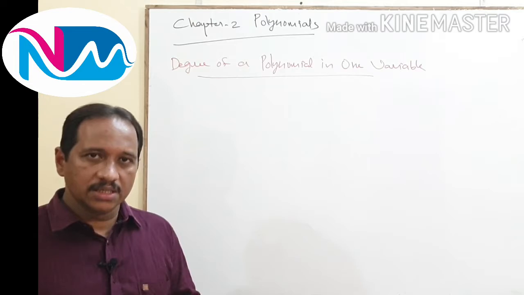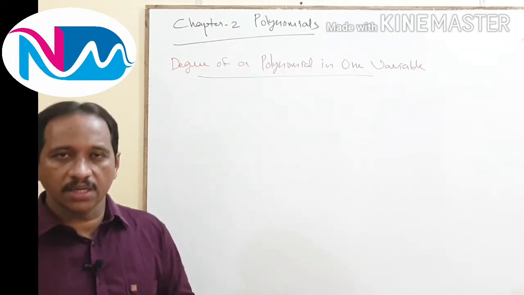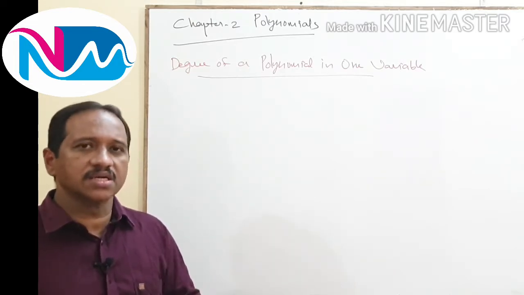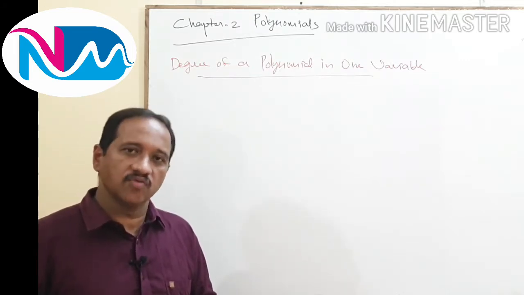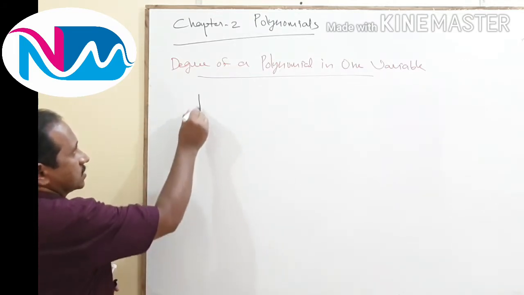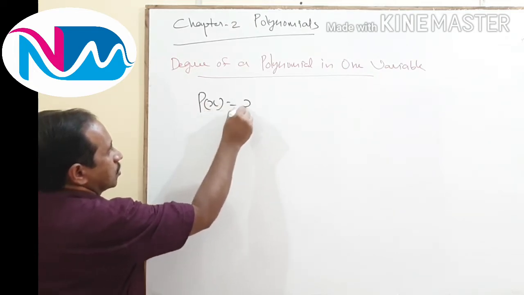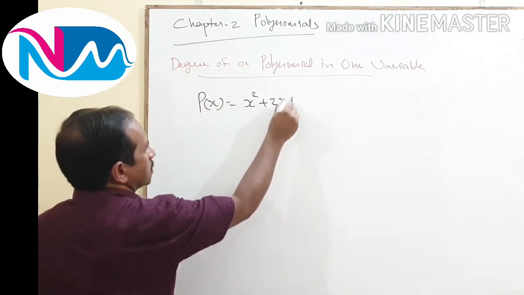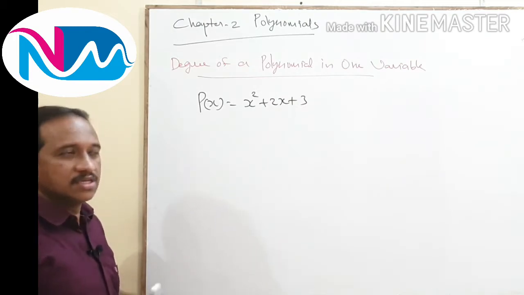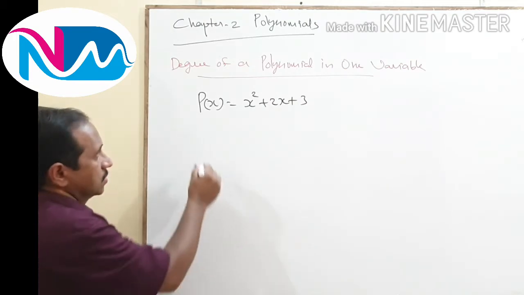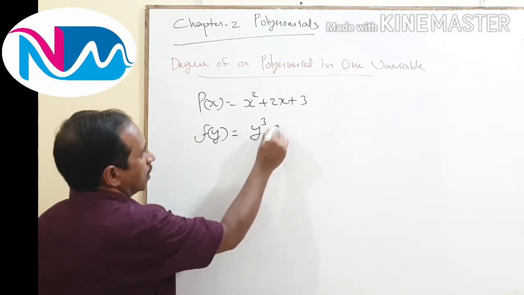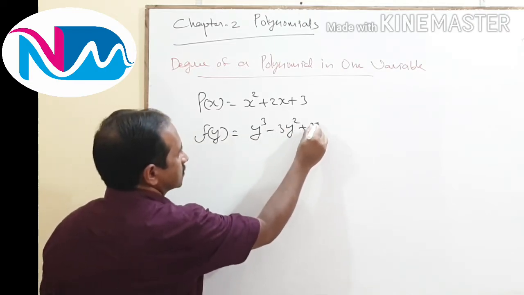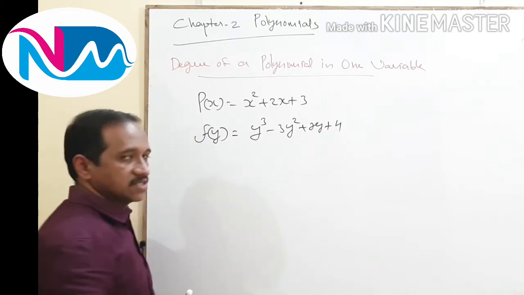Now we are going to learn what is the degree of a polynomial in one variable. To understand the degree of a polynomial in one variable, let us write a few polynomials in one variable. First one is p of x is equal to x square plus 2x plus 3. This is a polynomial in variable x. F of y is equal to y cube minus 3y square plus 2y plus 4.